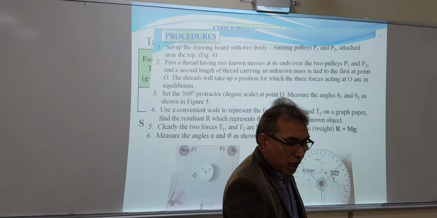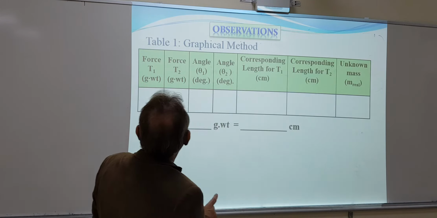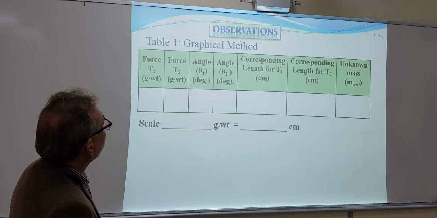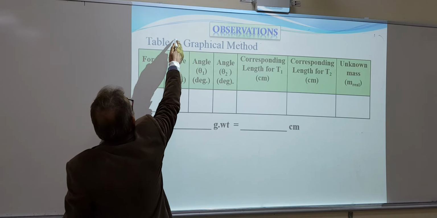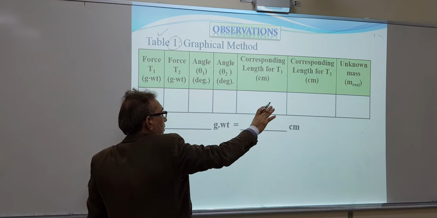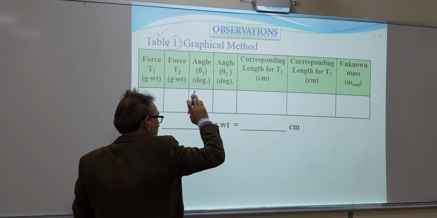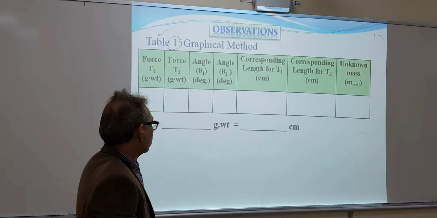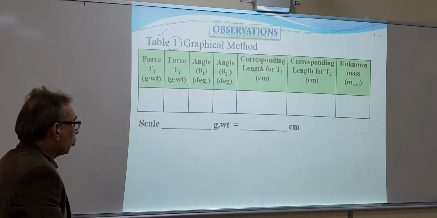Now, the important thing is how to take the observation. First of all, your table number 1 is very important because you will be using the same data in tables number 2 and 3. You will simply use those rules, but the information comes from table number 1.